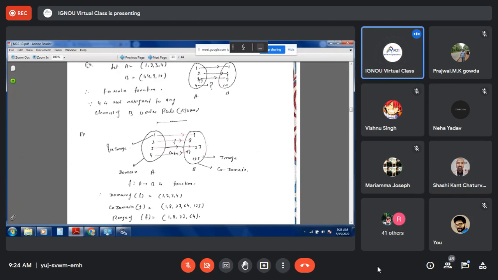Square of 2 is 4, 3 square is 9, 1 square is 1, 4 square should be 16, but it is not present there. That will check out. It is not a function. Got it.